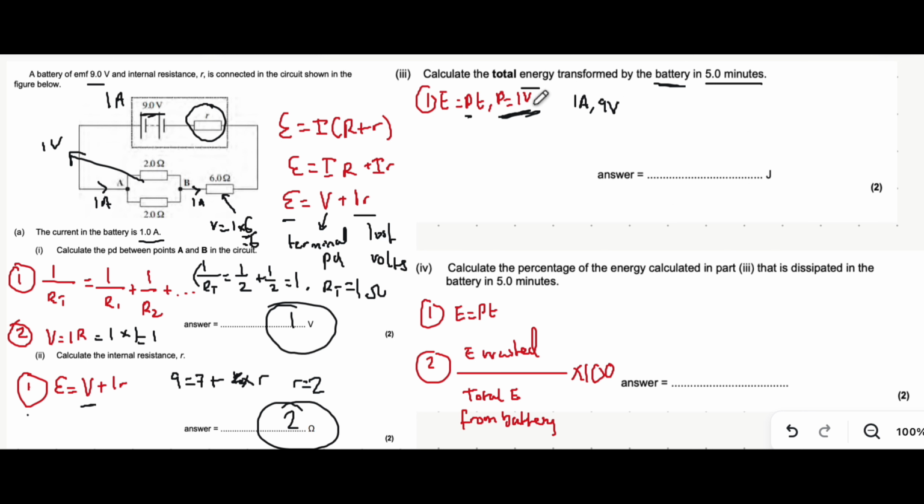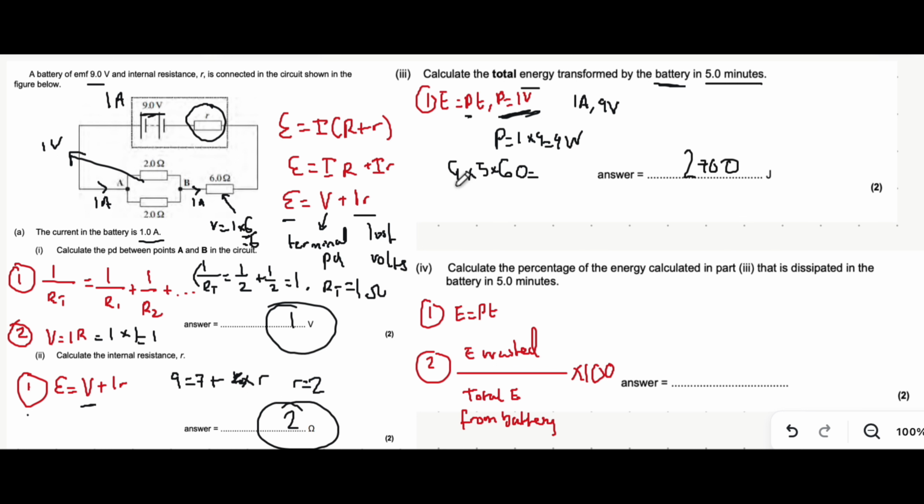Using IV, we can find that the power is the current of 1 times the voltage of 9, so that's 9 watts. We then take that power and multiply it by the time, but you have to convert the time to seconds. So we take the time of 5 and multiply by 60 to get seconds. And all that multiplies to 2700.